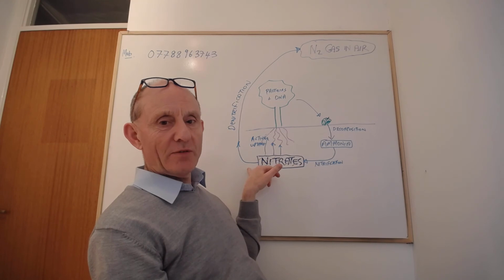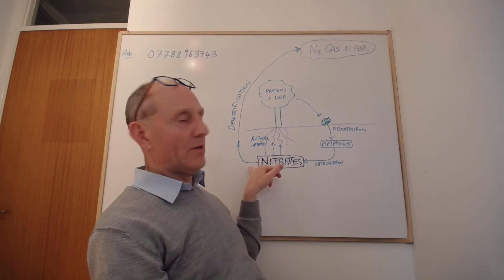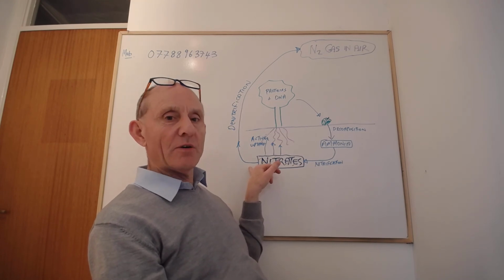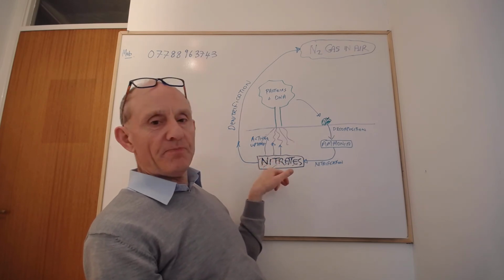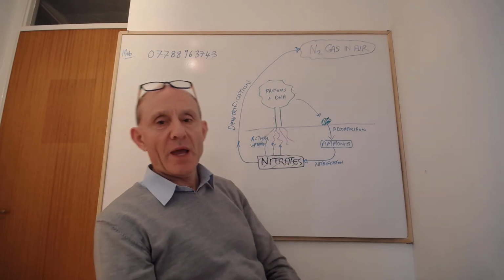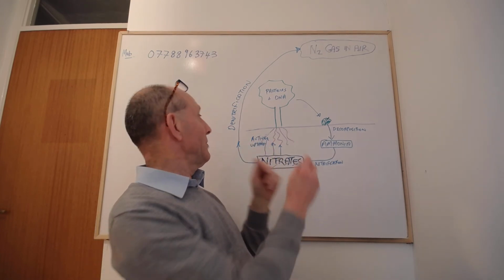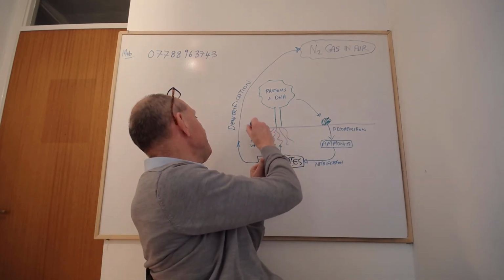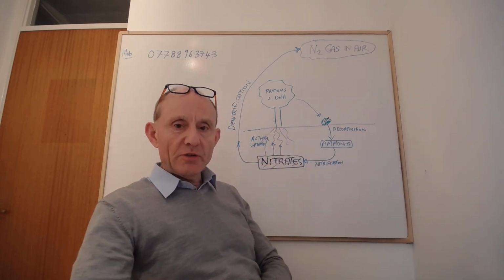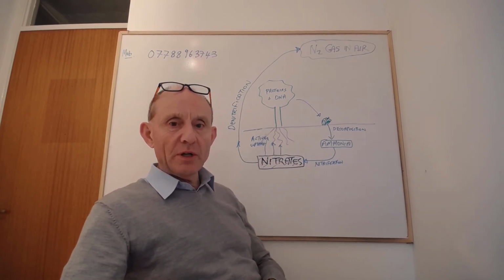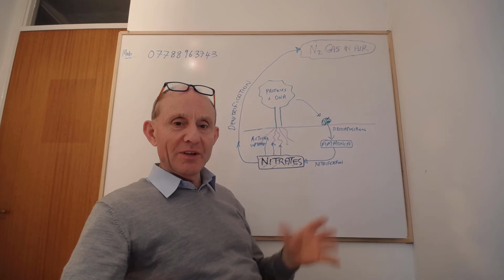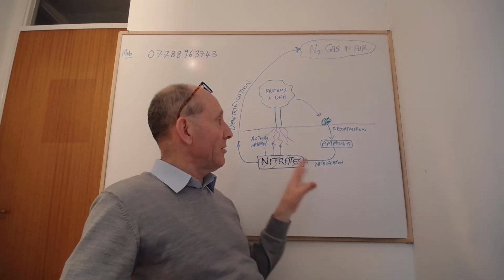The denitrifying bacteria convert nitrates into N2 gas, and that N2 gas then escapes from the soil. It leaks out of the soil, and that's the nitrates gone. So denitrification is, for farmers and growers, a negative or bad process.